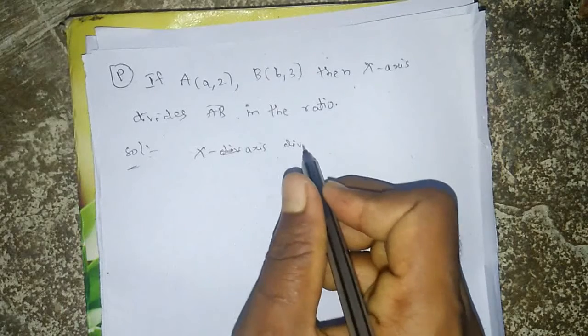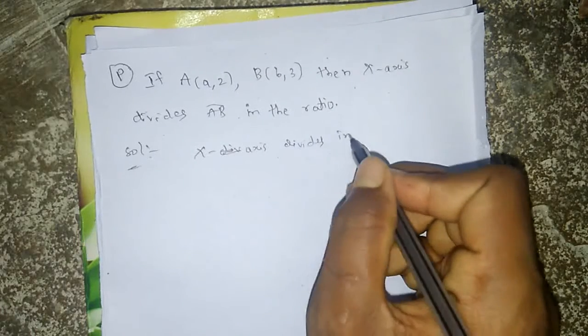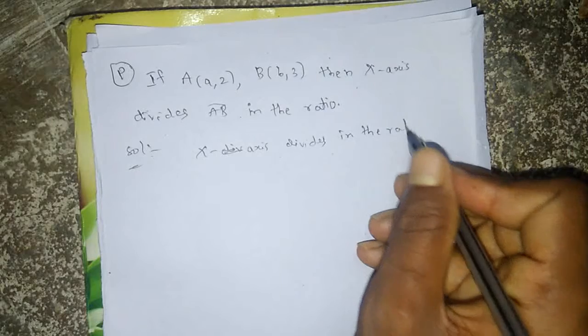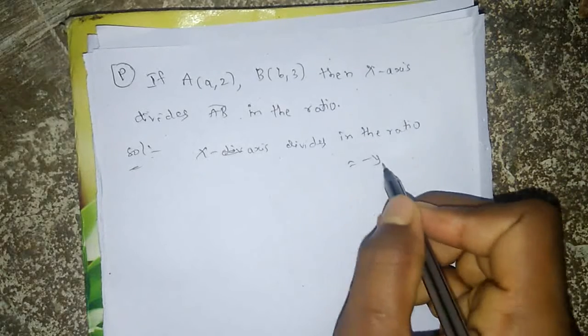The x-axis divides in the ratio minus y1 is to y2.